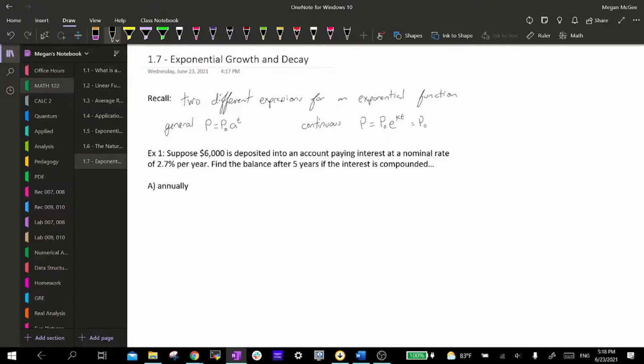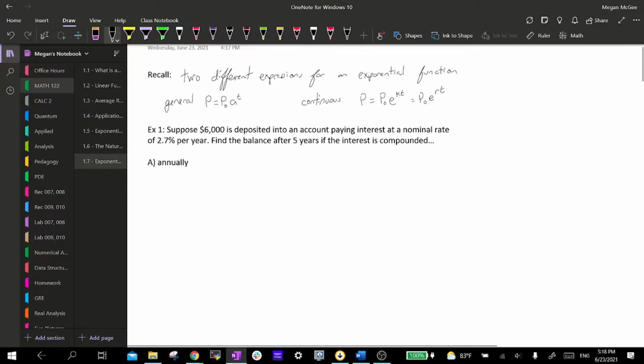Sometimes you'll just have a different variable in there. Either way, the k or the r are both the continuous growth or decay rate. Okay, so now that we have recalled that bit of information, we're going to look at example 1.